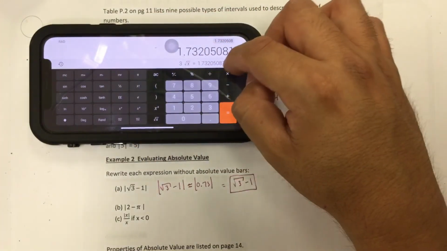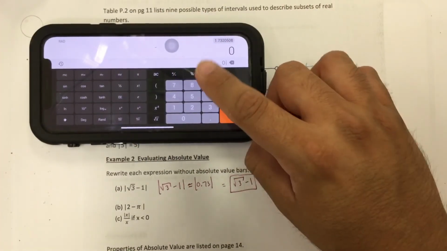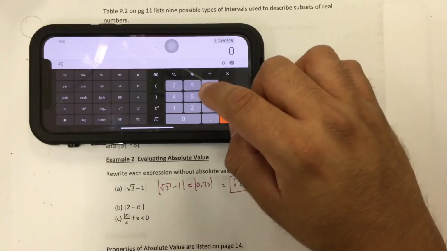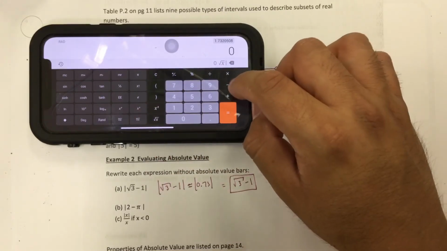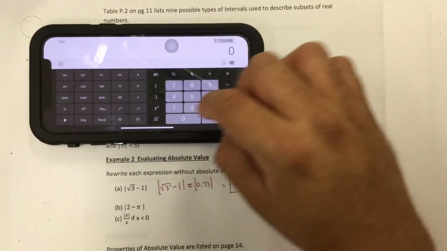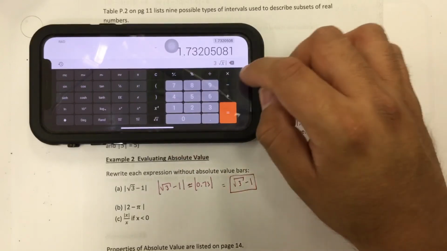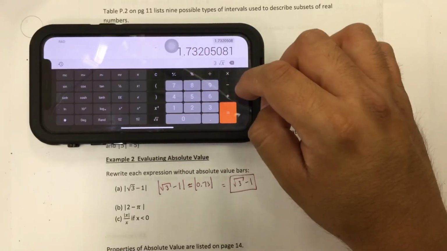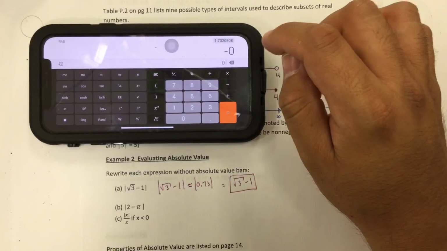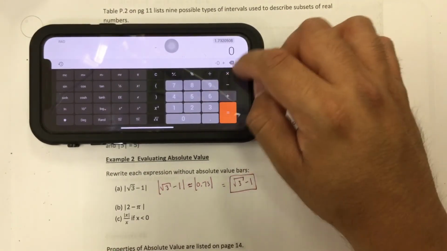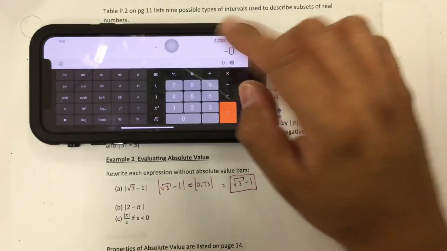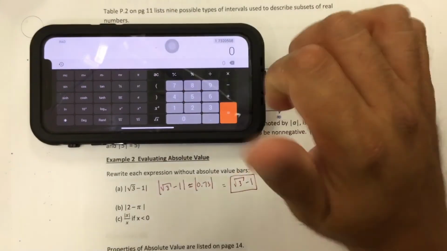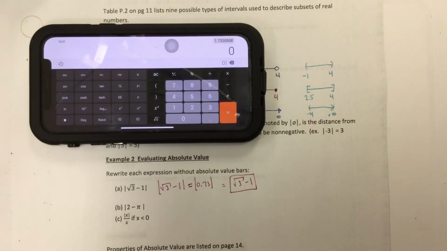Let's do the square root of 3, and then we'll make that negative, and then add it to 1. Obviously I'm having a little bit of trouble using this calculator, but 1 minus the square root of 3 does give you a negative value, and that's why we cannot write it like that.